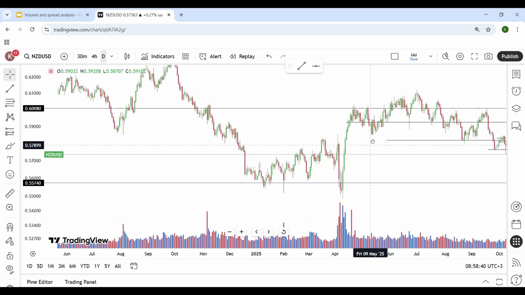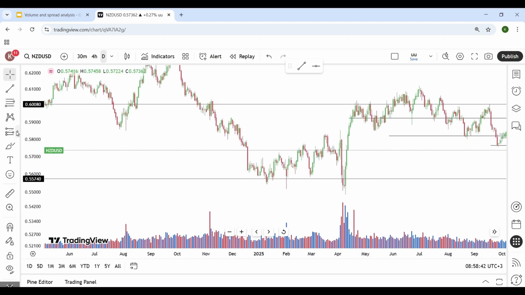From this point to this point, this is what we call a spread, and this is volume.